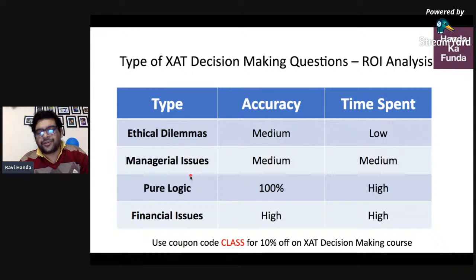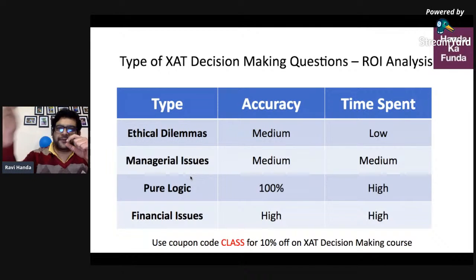In managerial issues, you need to go through each and every sentence a little more carefully because, for example, last year in 2020 we had a question. I made a video for that. It was a question about what you should do for your sales representatives who have to make a lot of trips. So that was a managerial question which was asked. And then you were supposed to decide on multiple factors.